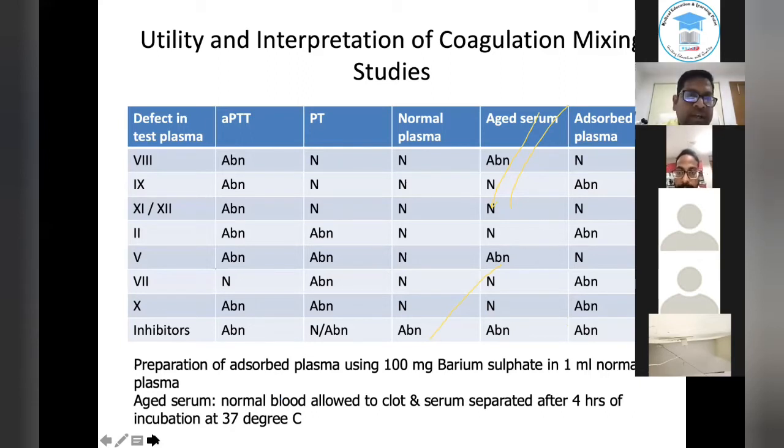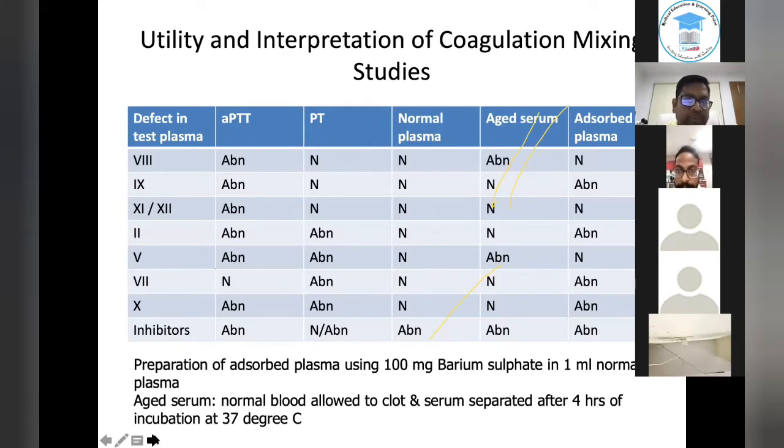Inhibitors will show no correction with normal plasma, H serum, or adsorbed plasma. So by this way, you can delineate what factor is deficient and do those factor assays directly, or make your diagnosis directly whether inhibitors are there or not.